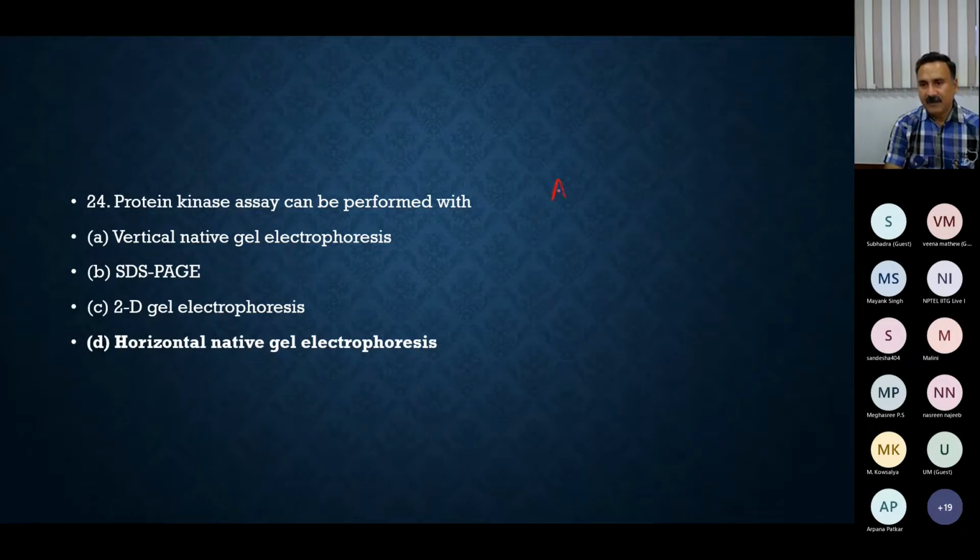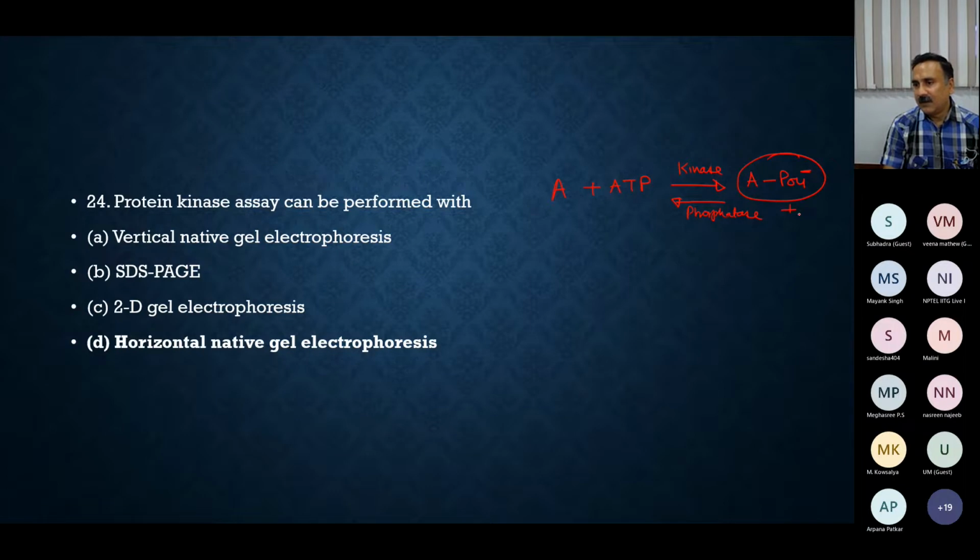You have a substrate A. You are going to add the ATP in the presence of a kinase, and that is going to generate this, right? If you are going to talk about the reversible, then it is going to be phosphatase.